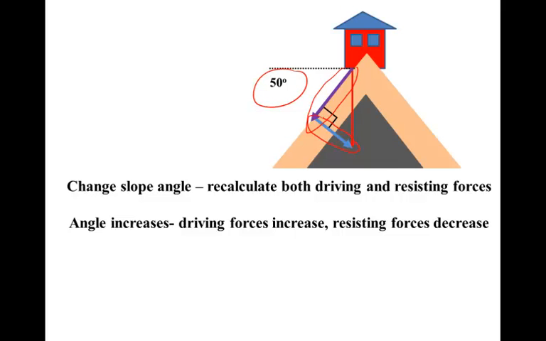Resisting forces are given by the cosine of the slope angle. Cosine of 50 degrees is 0.643 times 3 meters of slope material times 2,200 kilograms per cubic meter times G, 9.8 newtons per kilogram.